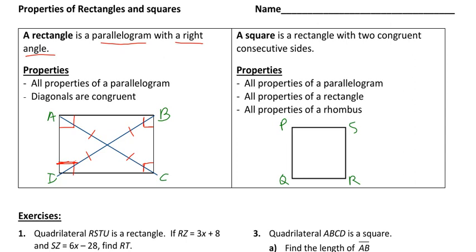In the square now, the square is a rectangle with two congruent consecutive sides. So a square is a rectangle, and this property of having two congruent consecutive sides is a property for the rhombus.